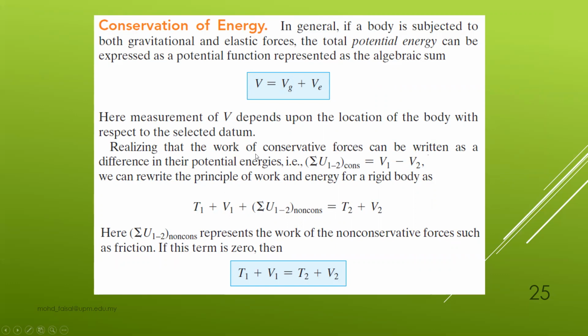Realizing that the conservative forces can be written as a difference in their potential energies, we can rewrite the principle of work and energy for a rigid body as so.